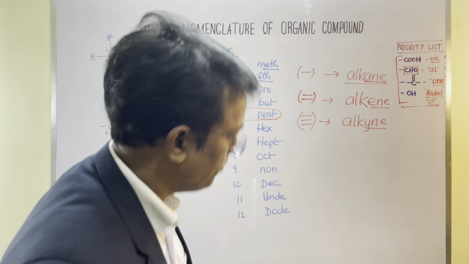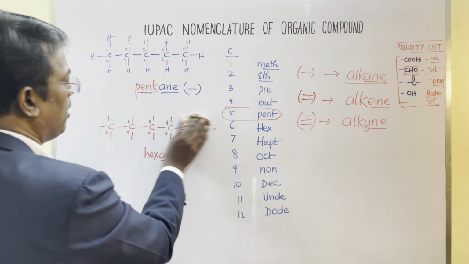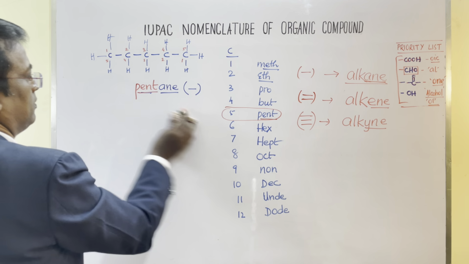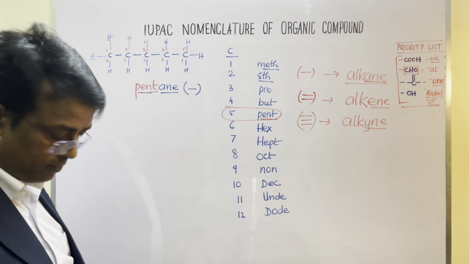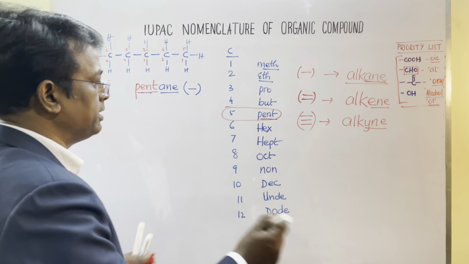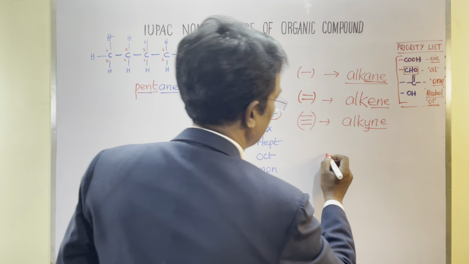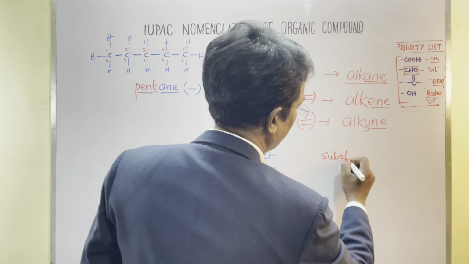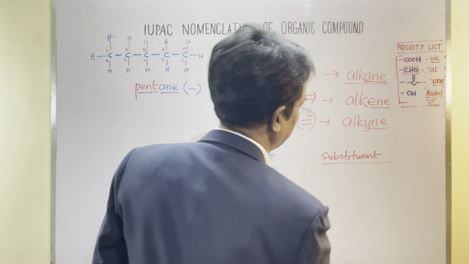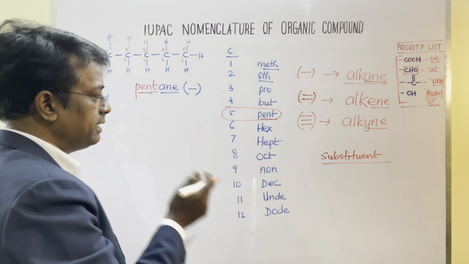So we'll give some examples here. One more thing, some of the substituents you need to know. These are the groups which are attached to the side chain.